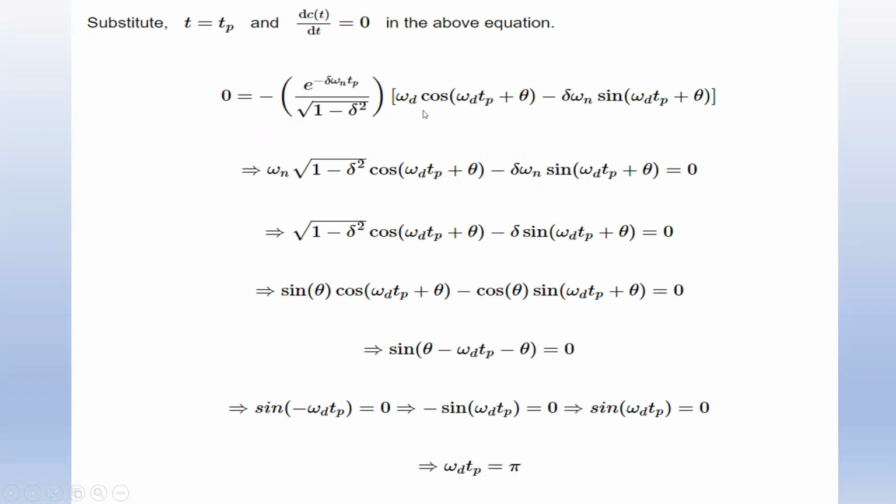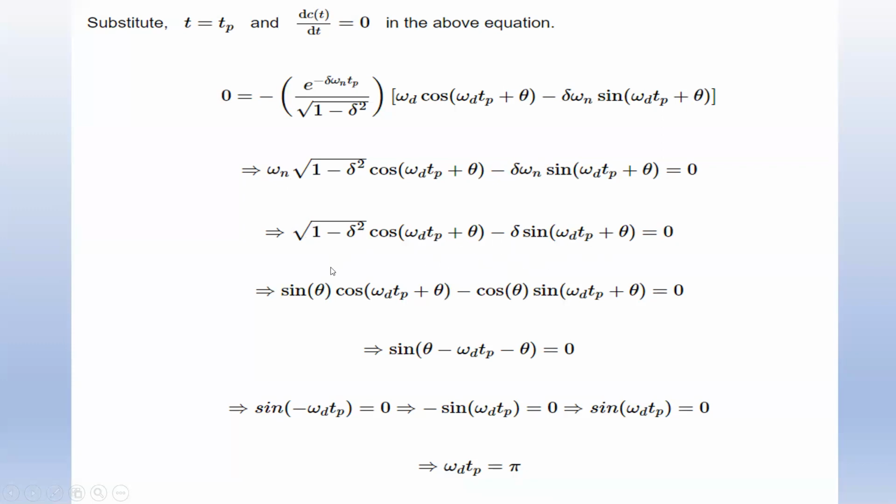Substituting omega d as omega n root of 1 minus delta square, we get omega n root of 1 minus delta square cos of omega d tp plus theta minus delta omega n sin of omega d tp plus theta. If we take omega n common and cancel it, we are left with root of 1 minus delta square in this equation.